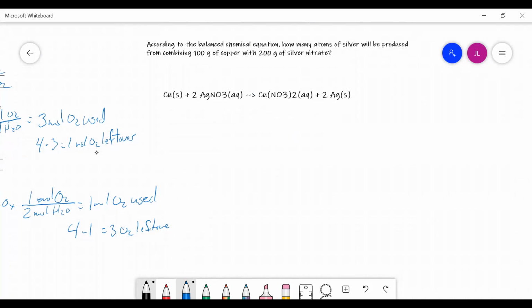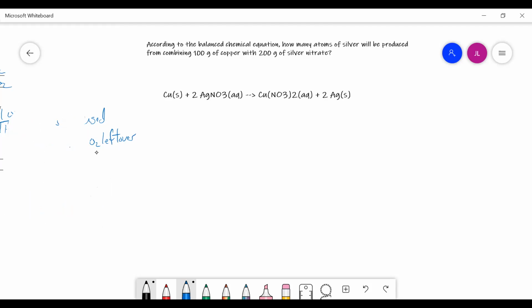Just go ahead and erase some of this so we can see easier. All right, we have the balanced equation. Copper plus 2 silver nitrate gives me copper(II) nitrate and 2 silvers.